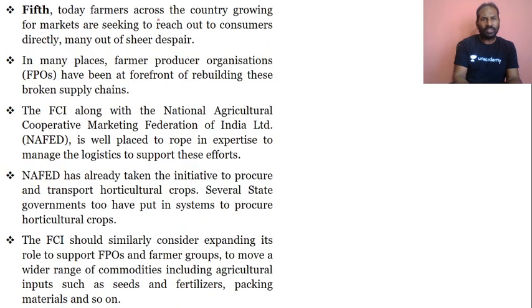And the fifth one is that farmers across the country are growing for markets, that is, for consumers directly. But in many places we have seen Farmer Producer Organizations, FPOs, at the forefront, rebuilding these broken supply chains.